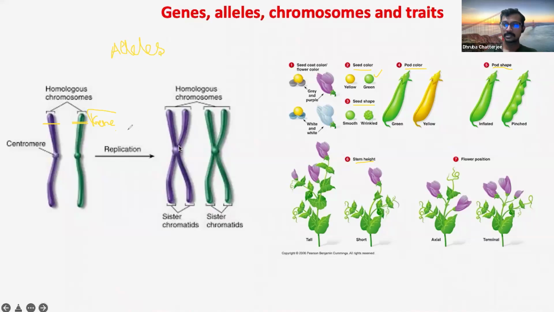Which are the reproductive units necessary for inheritance, for transferring the genetic information from one organism to the next organism, which is the offspring.